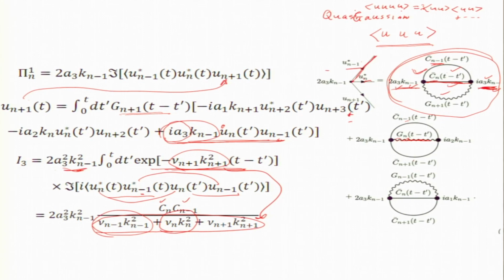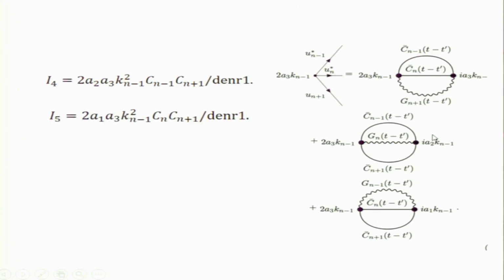Now, this is one Feynman diagram, but I need to do it for 5 more. So, the other 2 diagrams are from the same diagram I just reproduced. These 2 are I 4 and I 5, sorry, I 3 and I 4 and I 5. I 1 and I 2 were for RG.